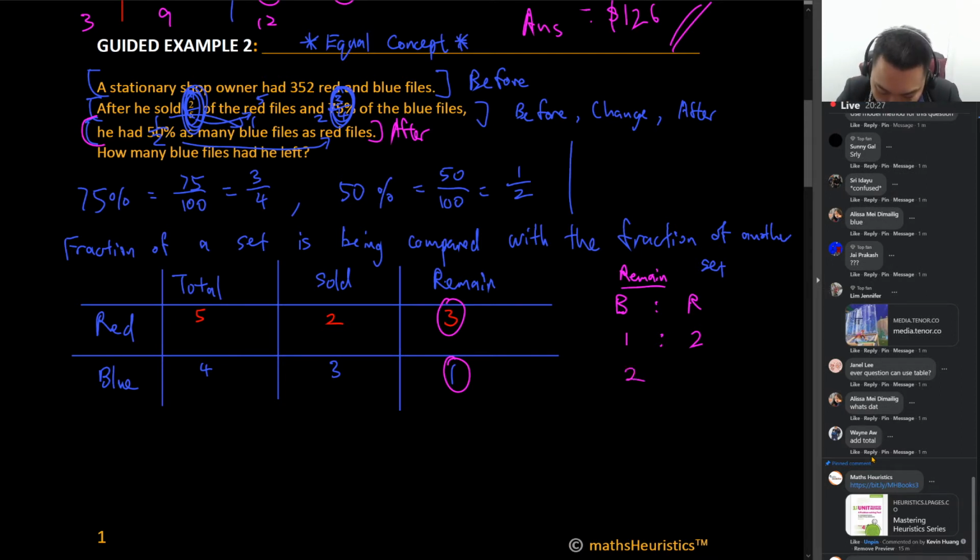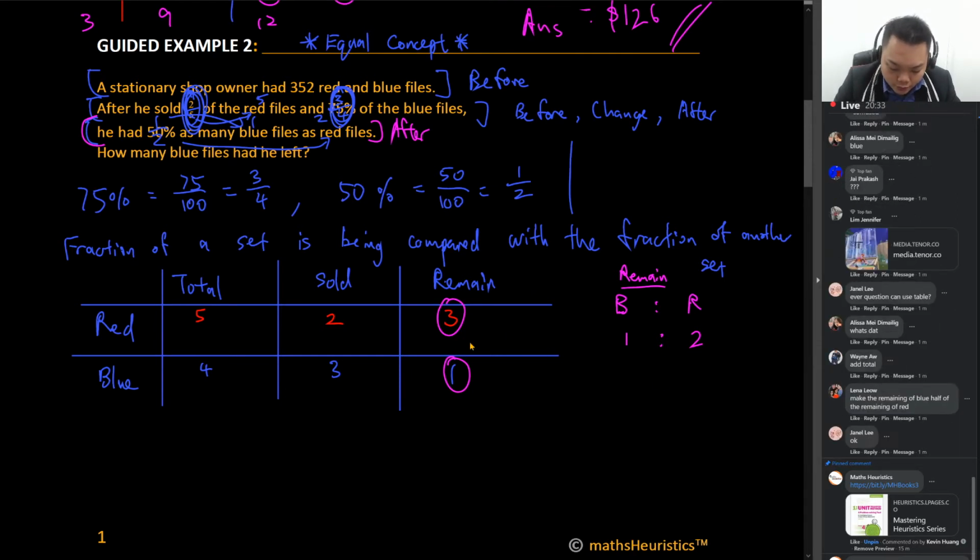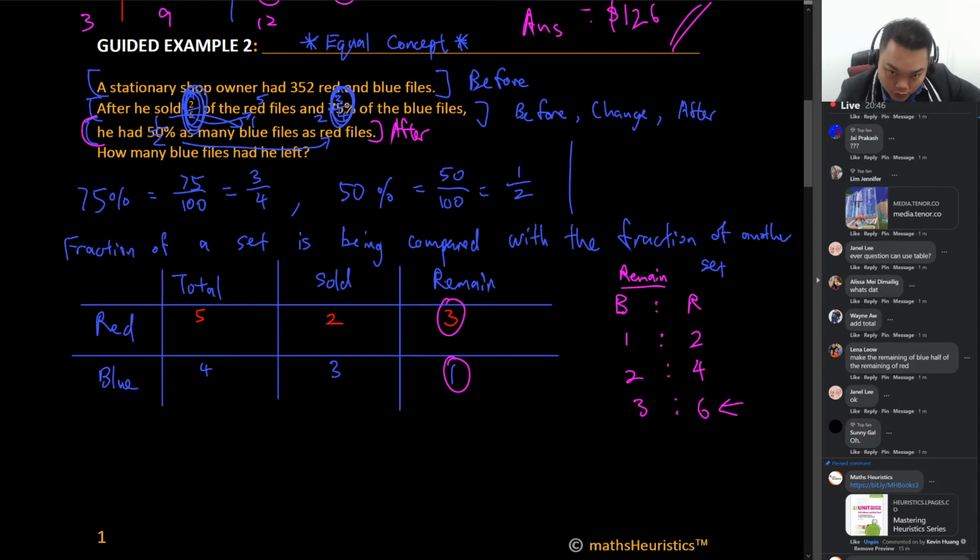We want to have it in the form of 1:2, but we can't do it directly here. So what we can do from here is we list out certain equivalent fractions first. Okay, and you will see that when this is 3:6, you can have 3 blocks for the blue and 6 blocks for the red. Correct?